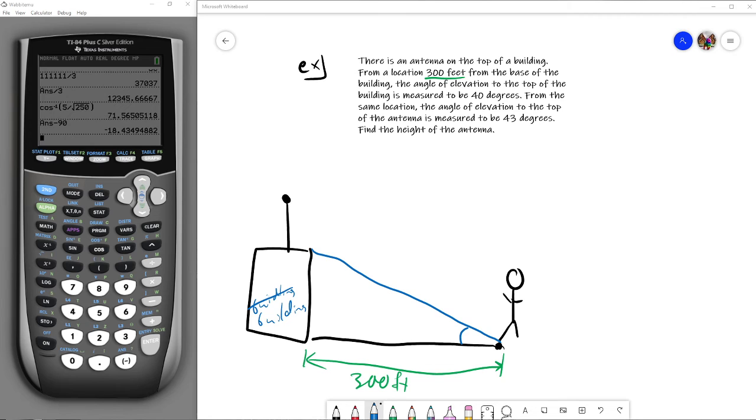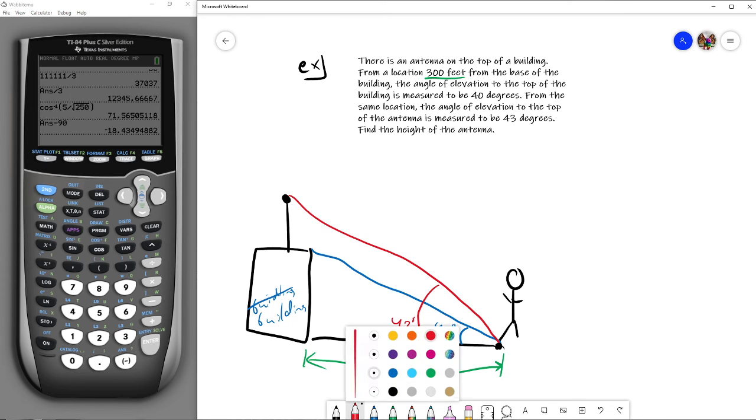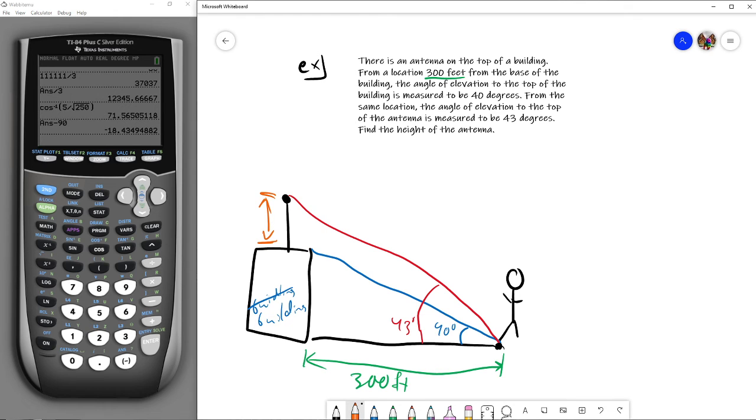So in this case, this is our horizontal line. We know this is 40 degrees. And then from the same location, the angle of elevation to the top of the antenna, right here, this is 43 degrees. Cool. And the question is, what's the height of the antenna? So let's get a new color. This is what we're interested in right here, and I'm going to just use an H for height.